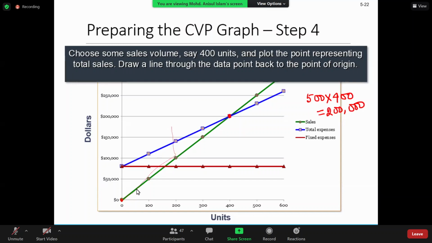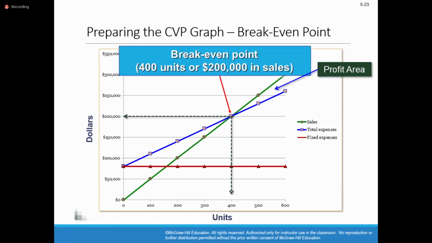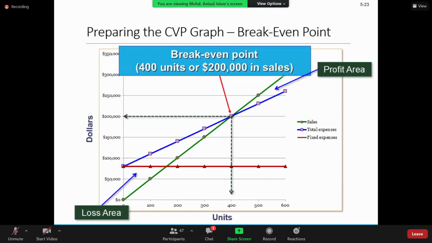Now, if we connect this dot and this dot by a single line, by this green line, according to this graph, we get this green straight line. Now, we see that total expense and the sales line are intersecting each other at this point. So this point is known as break-even point.